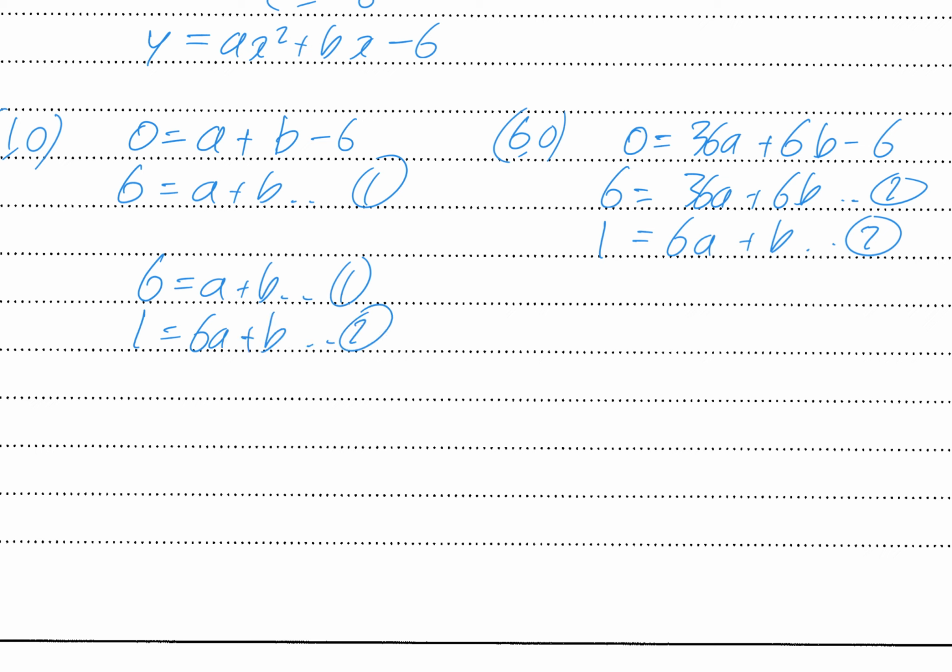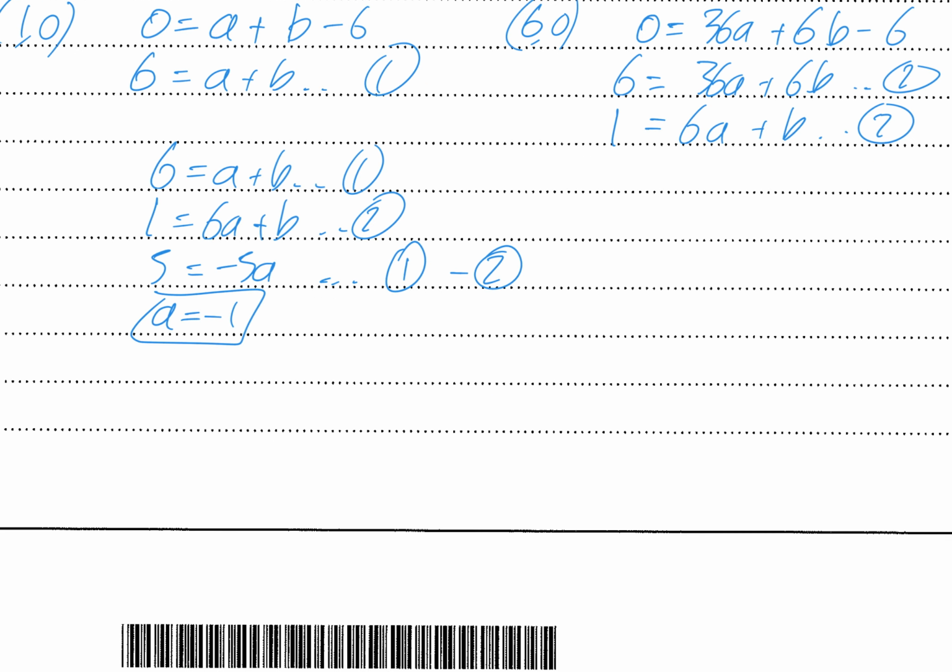And if we subtract those, you're going to get minus 5 is equal to minus 5a. Yep, so is that right? Yes, sorry, you're not going to get minus 5 at all. You're going to get positive 5 if you subtract them. This is why you should write down what you're doing here. So 1 minus 2. So 5 equals minus 5a, which means a equals minus 1. And then sub that into the other one, so sub that into equation 1.